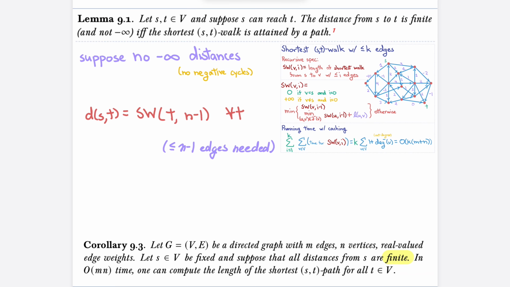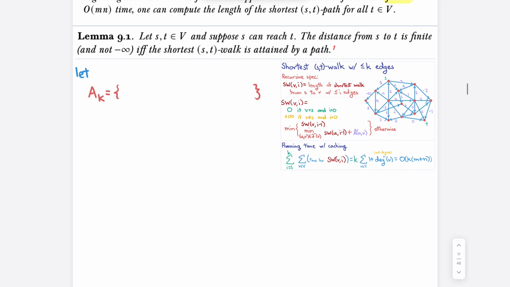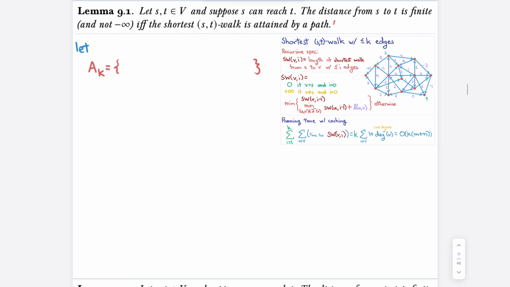Okay, so we had the suggestion that certain distances are going down and maybe they shouldn't be. So let's tease that apart. And I'll start with just a definition. What we'll do is keep track of the vertices that improve each iteration.